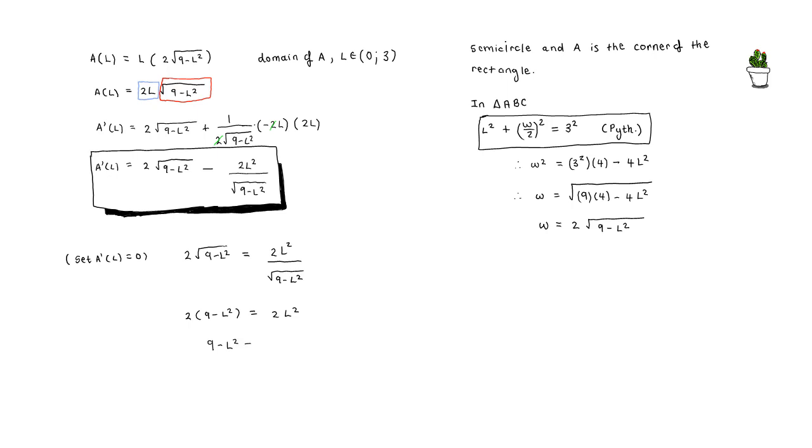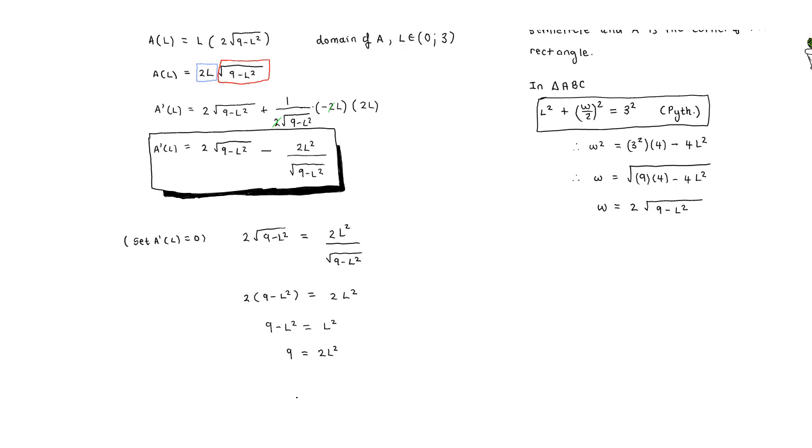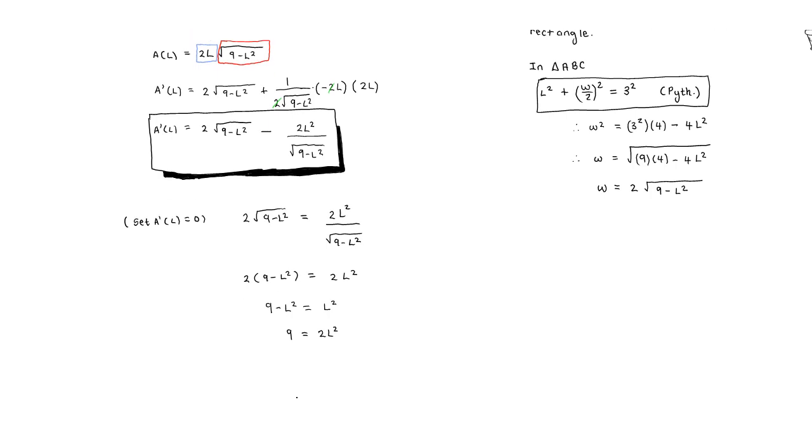Adding L squared to both sides will then leave us with 9 equals 2L squared. Further simplifying, remember L is a length, so we're only going to consider the positive square root of this.